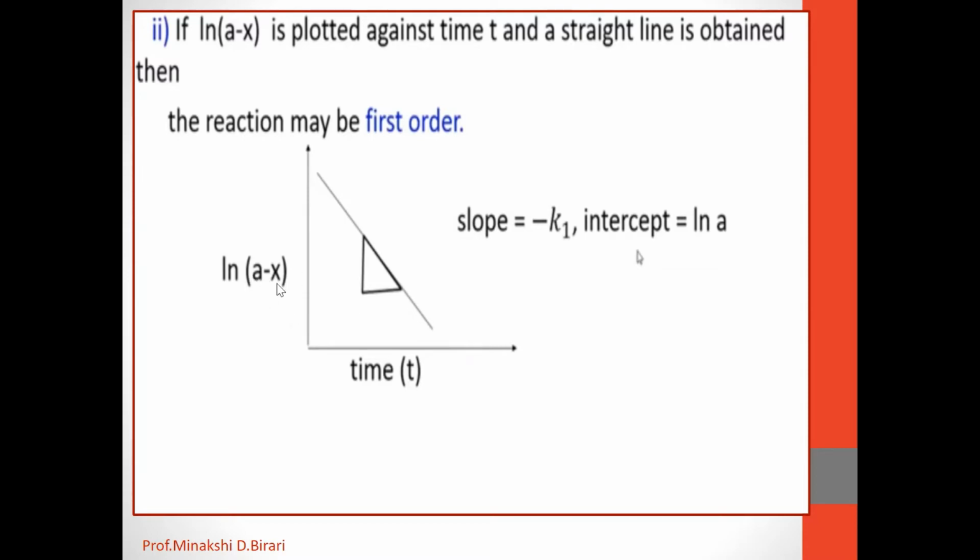Whenever we plot the graph of ln(a − x) on the y-axis and time on the x-axis for a first order reaction, we obtain a straight line with negative slope. So slope is equal to −k1, and intercept is equal to ln a.